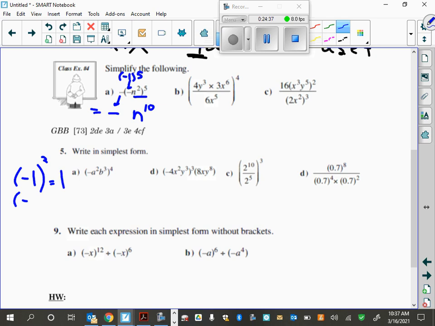What's negative 1 cubed, everyone? So you have a negative times a negative times a negative. What does that equal? Negative 1. What's negative 1 to the 49th, everyone? What if you have 49 negatives? Positive or negative? Negative. And what happens if you have 2020 negatives?